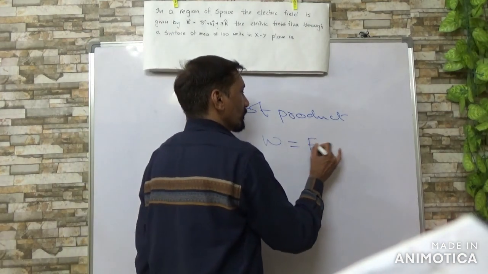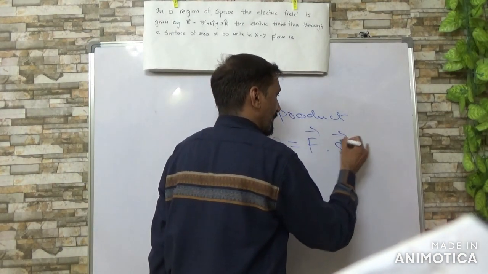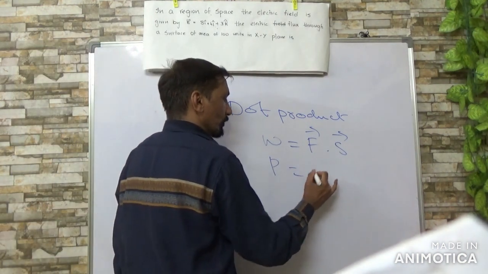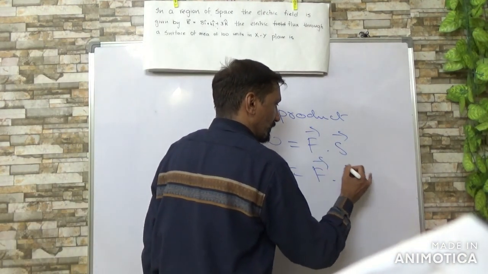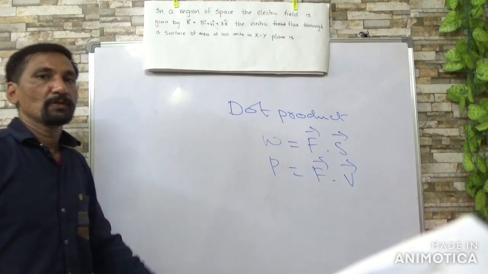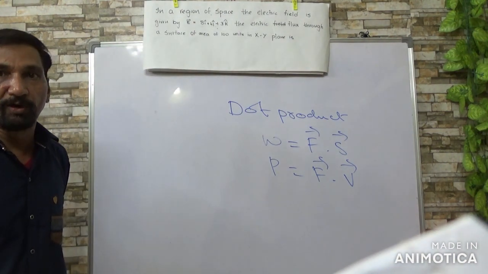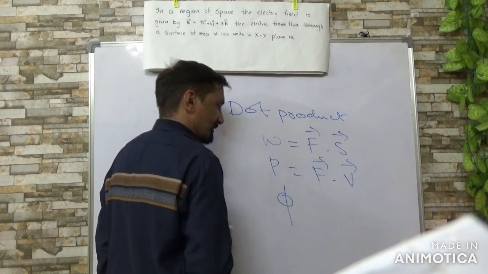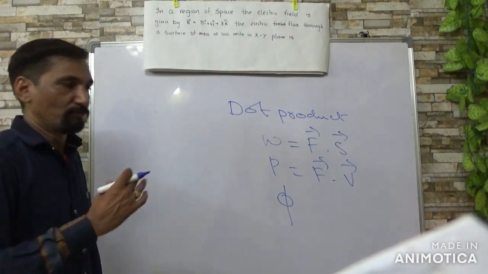Dot product of force and displacement gives work done. Power, force dot velocity, also gives power, a scalar quantity. Next, electric flux or magnetic flux.